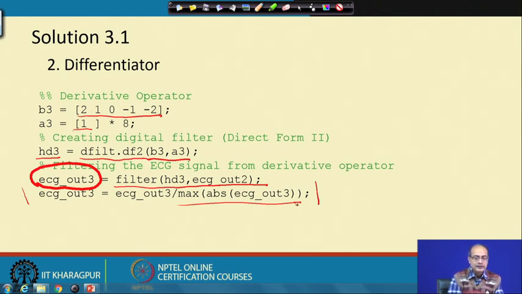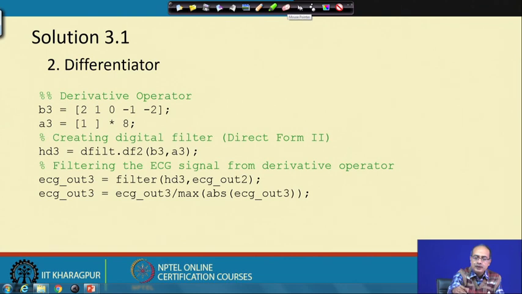The reason is that the derivative filter itself is good enough to remove the DC bias, and our input also did not have a DC component. So, it is doubly sure that no DC component would be there in this signal. That is why that part is not actually used.